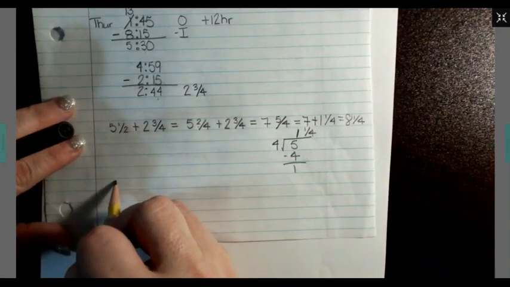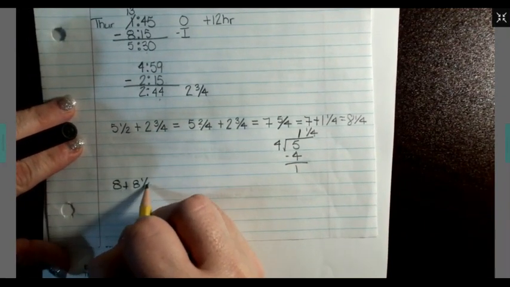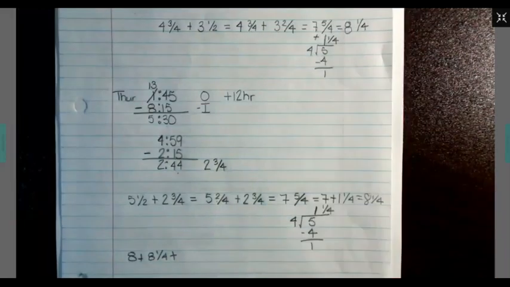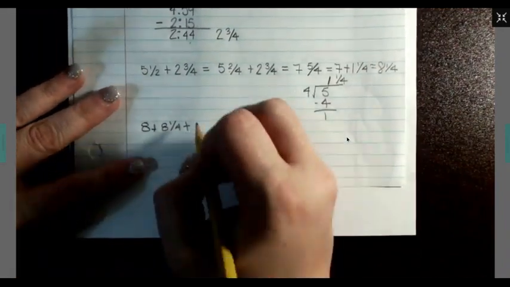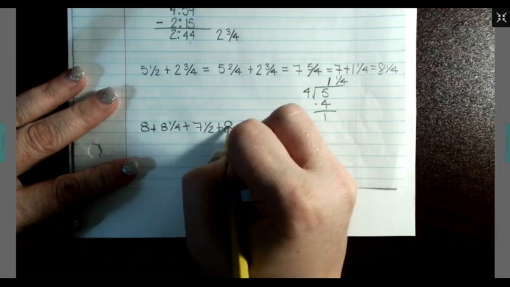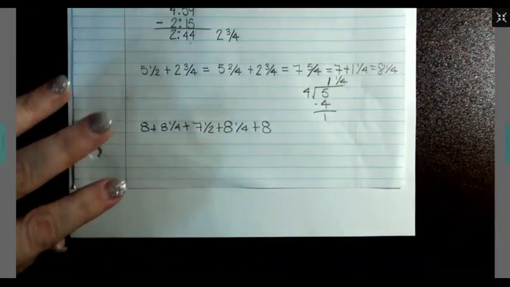It was 8 plus 8 1/4 plus 7.5 plus 8 1/4 plus 8.